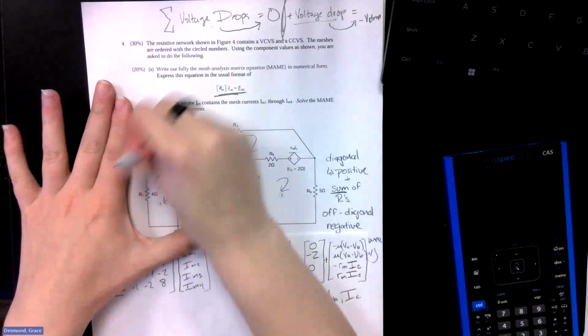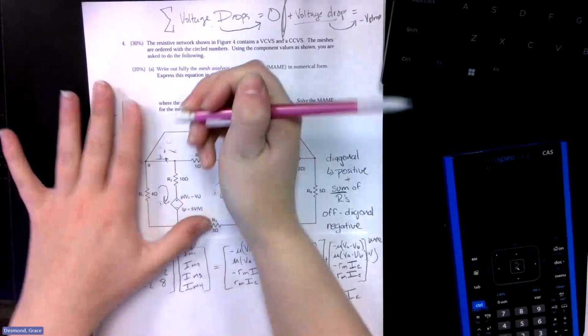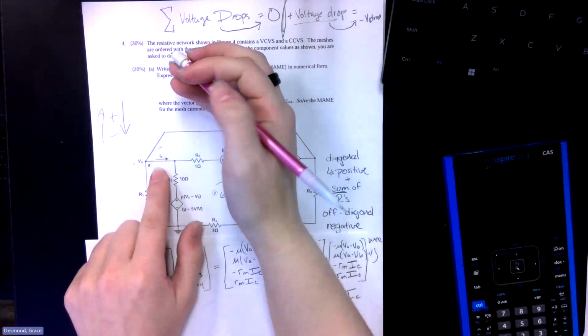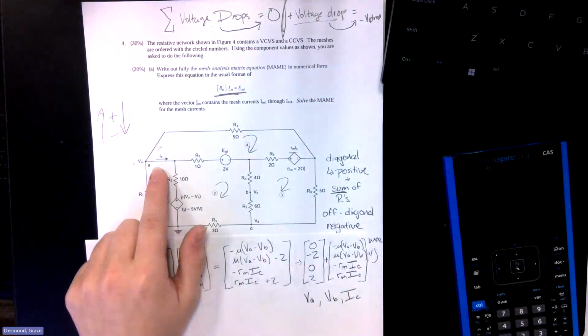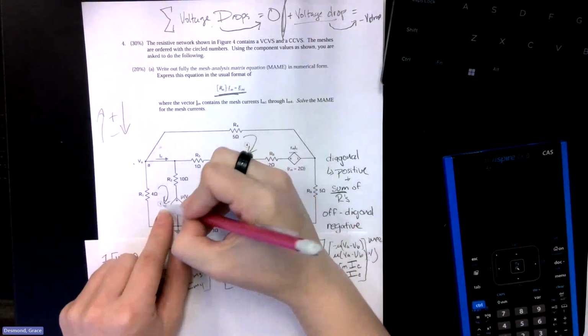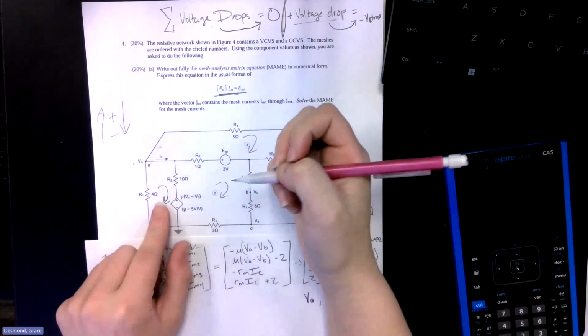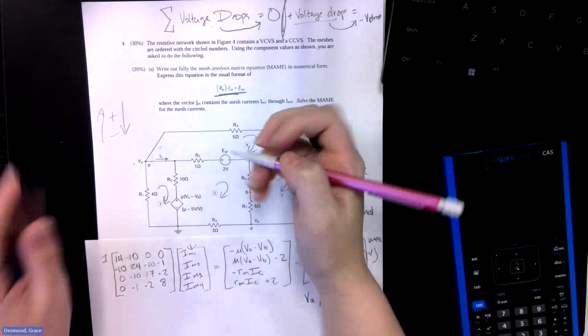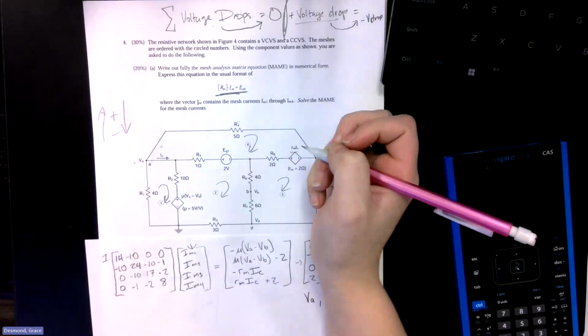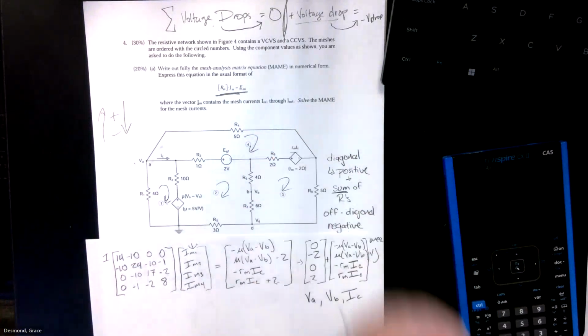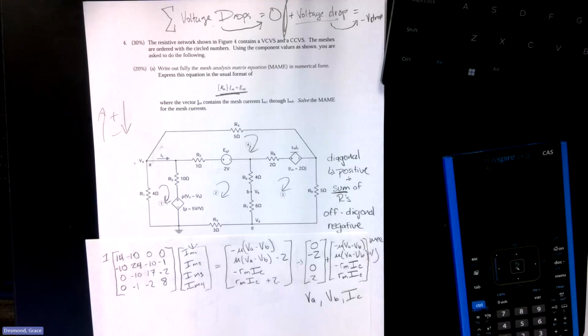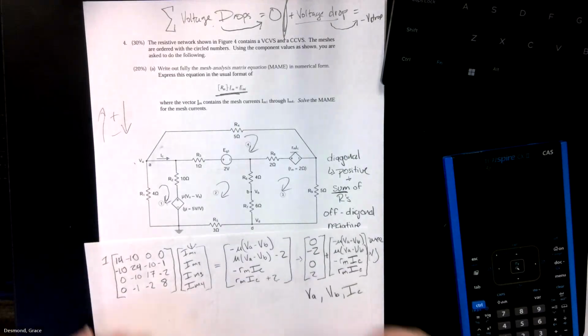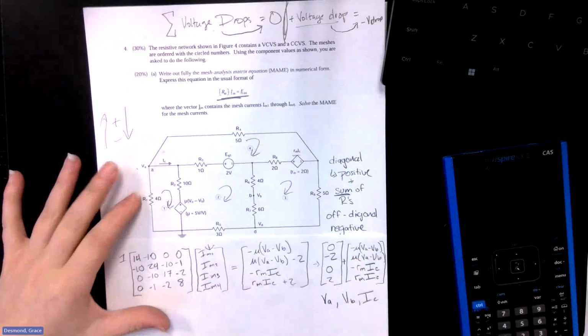So let's see what currents are flowing through this branch. For now, we're just going to test it. Is mesh 1, IM1, flowing through that? Yes. Is it flowing in the same direction or the opposite direction? So is it going to be positive or negative?